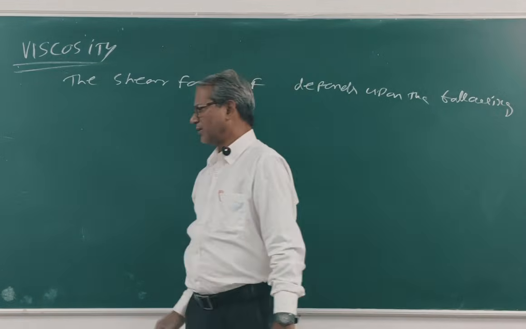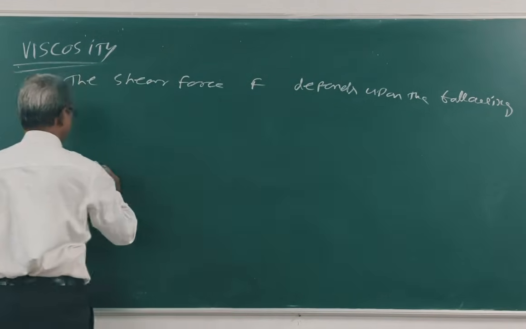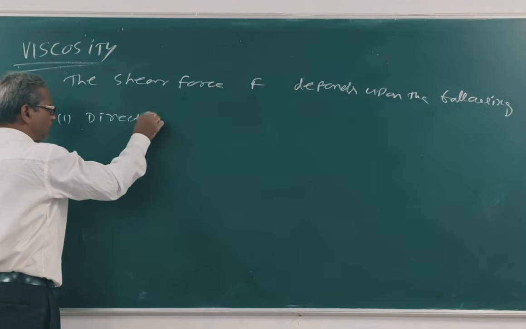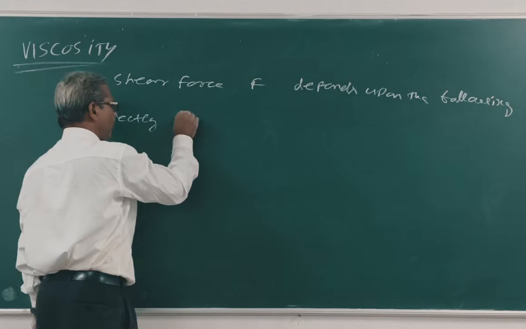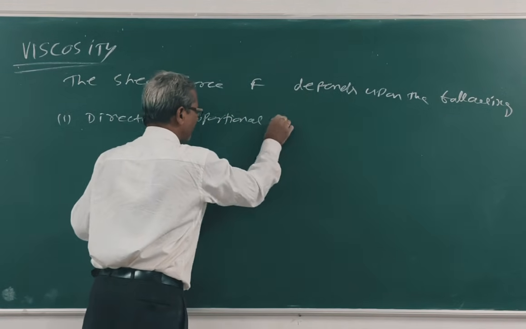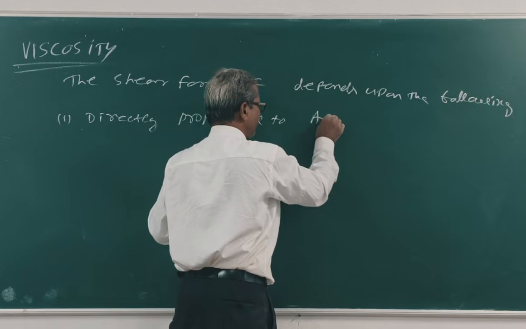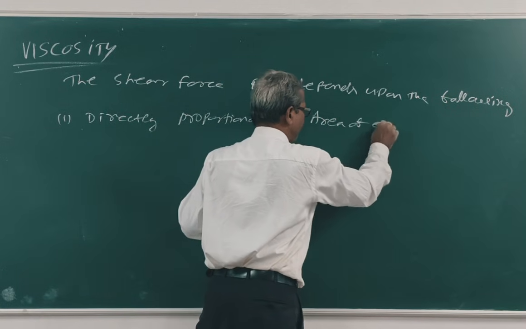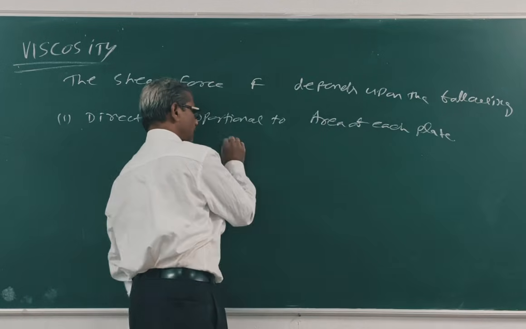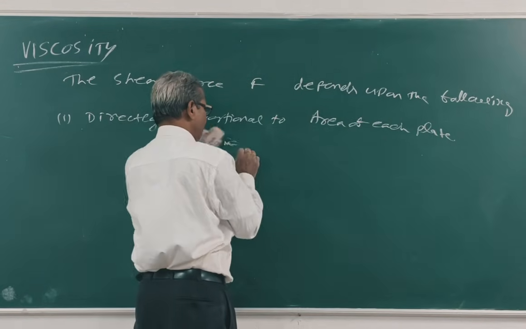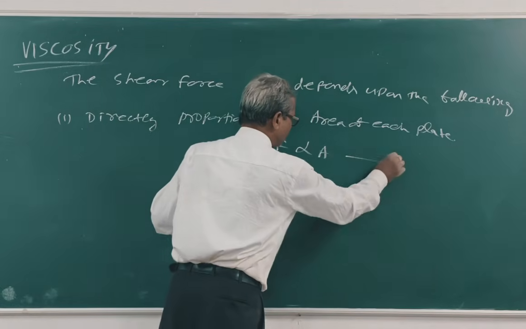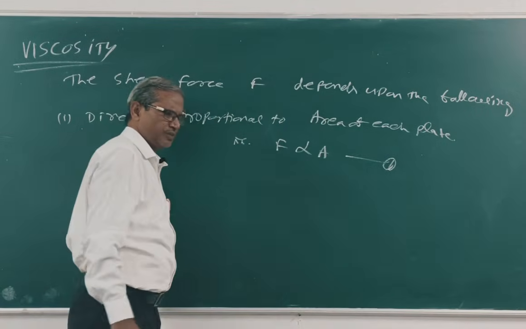Clear? Number one, directly proportional to the area of each plate, that is F is proportional to A. Equation 1.